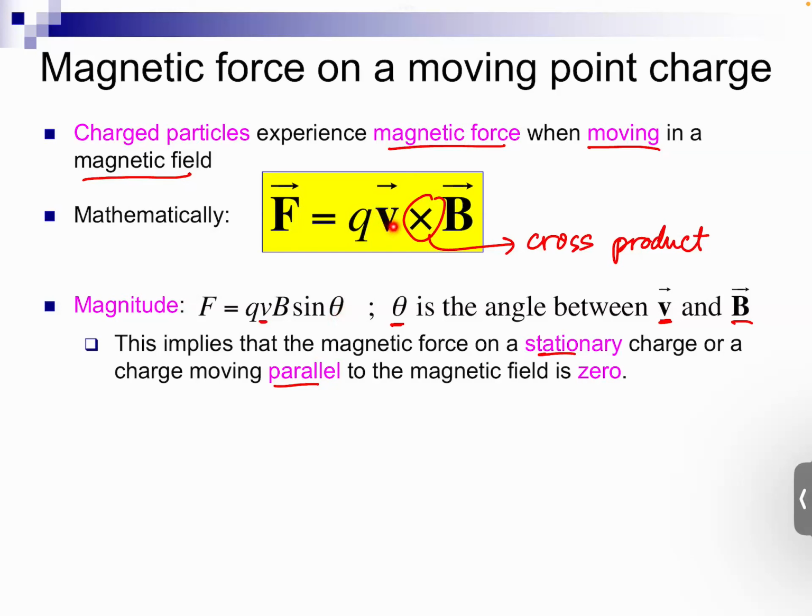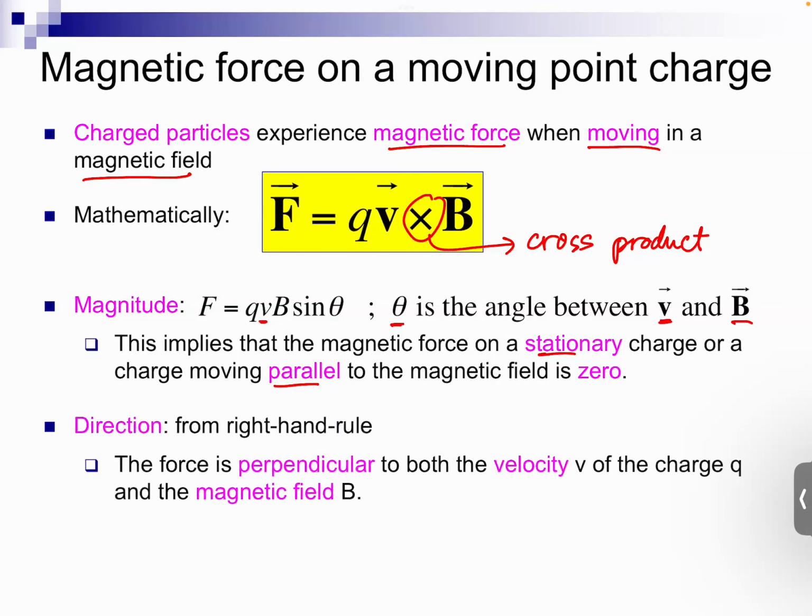Parallel movement means v is parallel to B, hence the force is equal to 0, right? So writing it in terms of a cross product gives us this important physical implication that the charge will only experience a force if it's moving, and if it's moving such that it's not parallel to the magnetic field. Right, so that's how you calculate the magnitude.